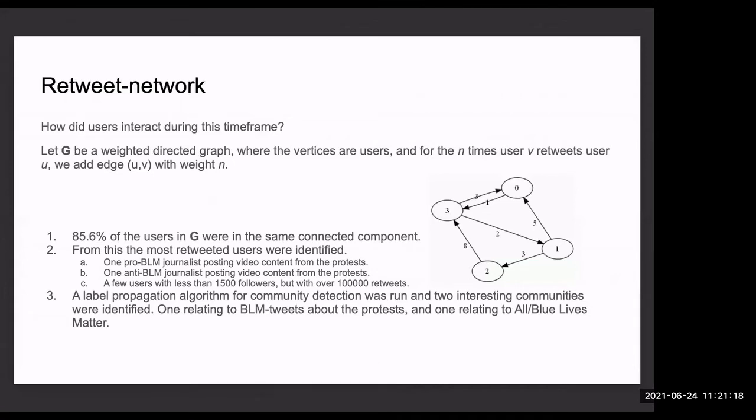There was one big community for the BLM tweets, and looking at the most retweeted, of the 20 most retweeted users, 18 of these were in this BLM community, and one of them was in the Blue Lives Matter community, and that person was this anti-BLM journalist. You should know that this community of the Blue Lives Matter was quite small.